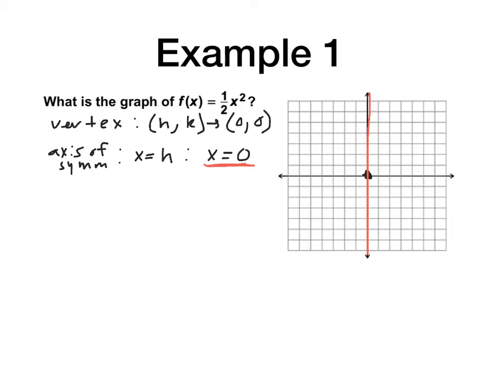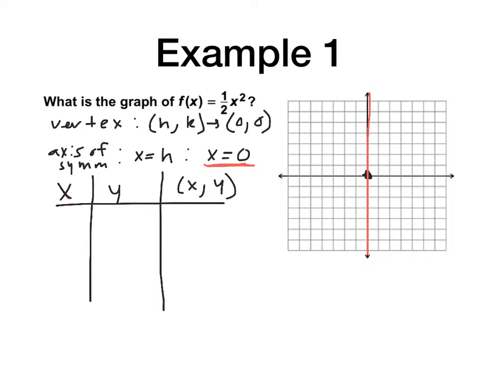Now we're going to plug in numbers into x and see where our parabola is going to be. So we're going to plug in x values and see what we get as our y. And then we're going to have coordinate points x, y that come out.